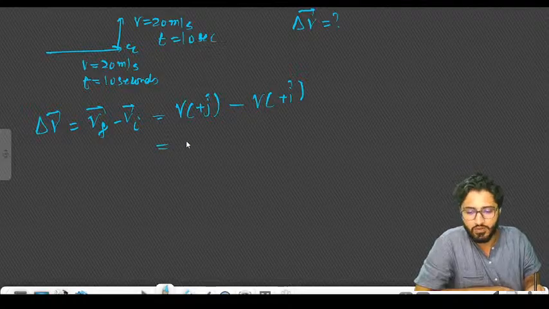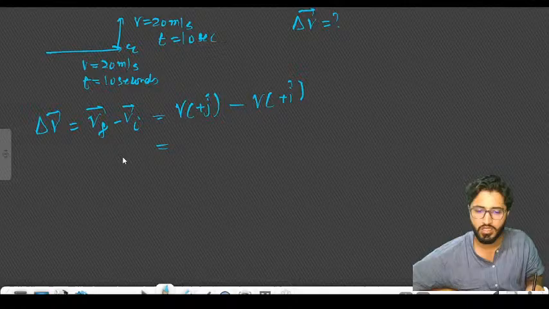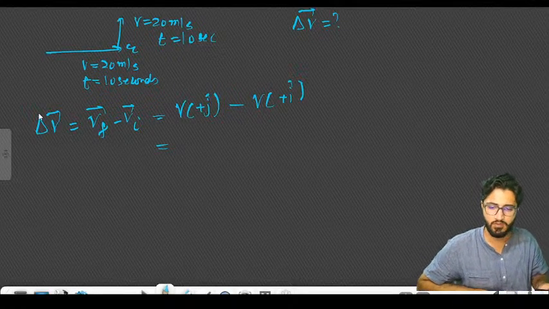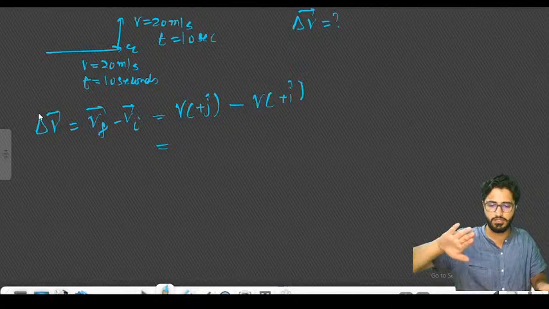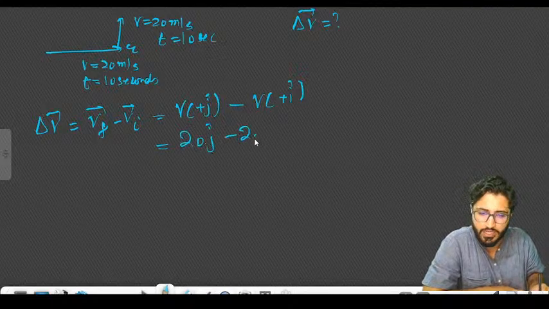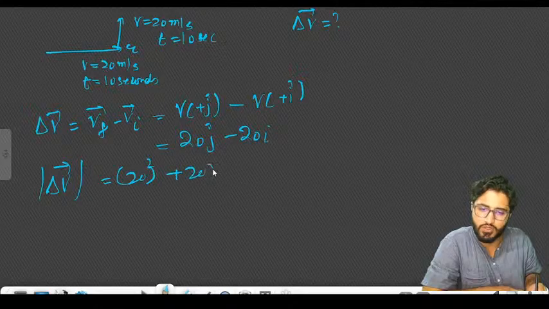Towards the east is plus i cap, and upwards is j cap, right? So I can write here 20 j cap minus 20 i cap. What will be delta v mod? Square root of 20 square plus 20 square.